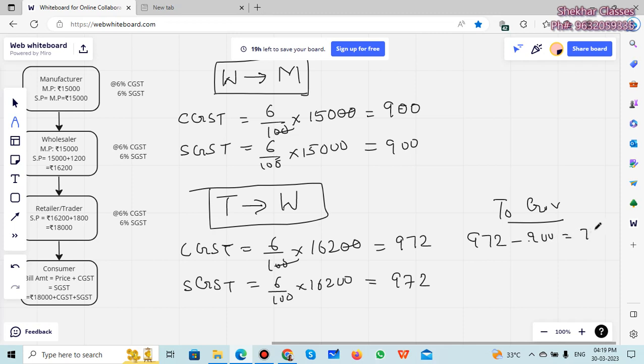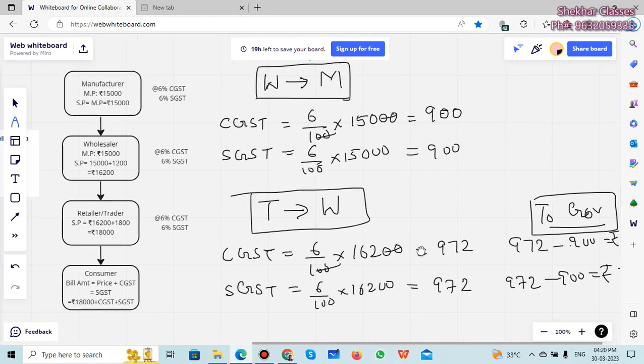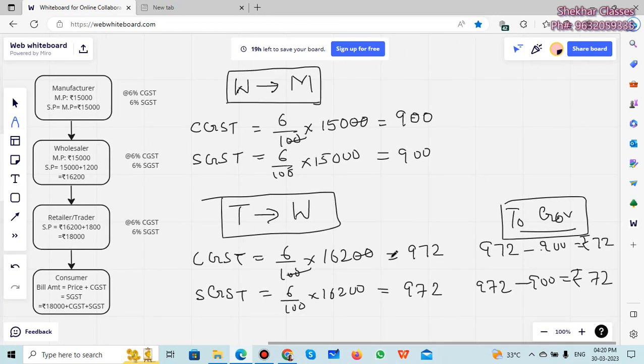So he will pay 72 rupees to the government as CGST, and as SGST how much will he pay? 972 minus again 900, the same thing, so rupees 72 he will pay to the government as a tax.